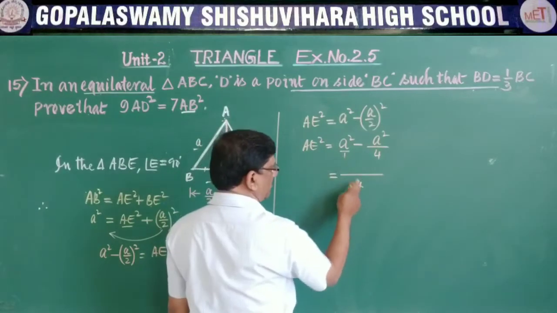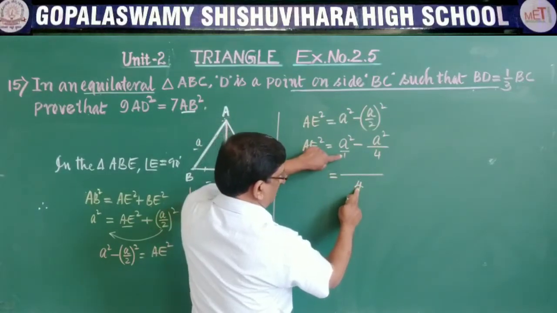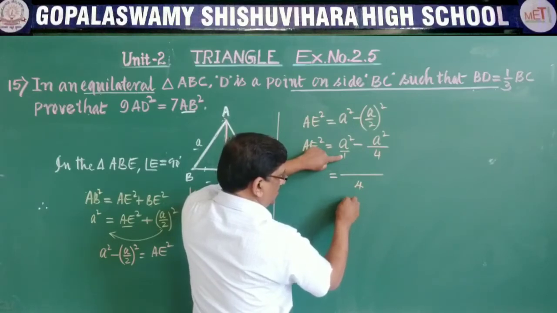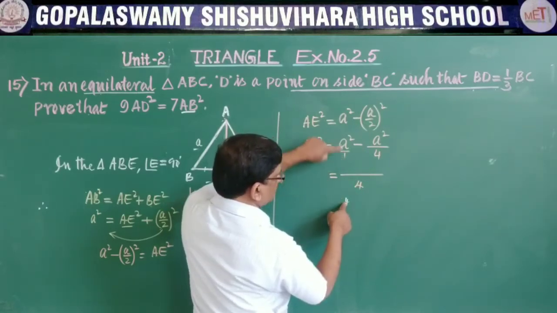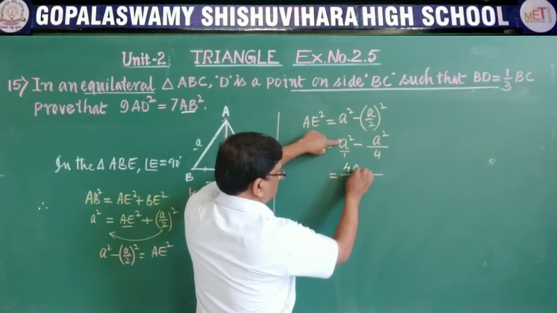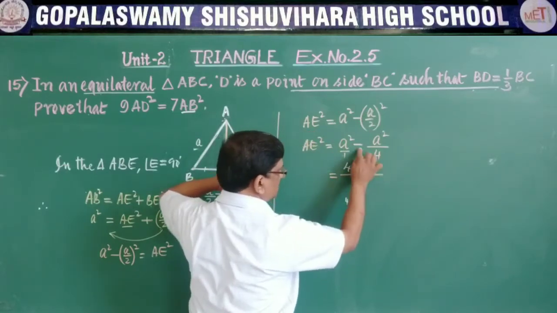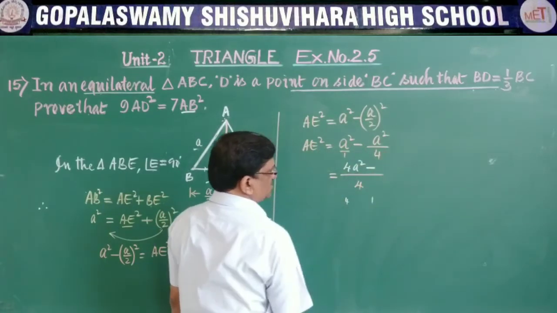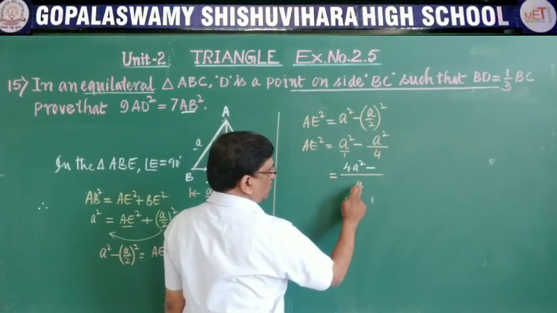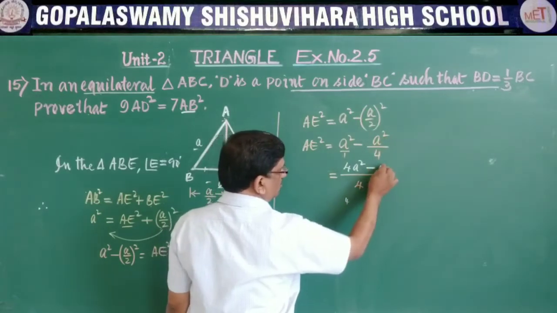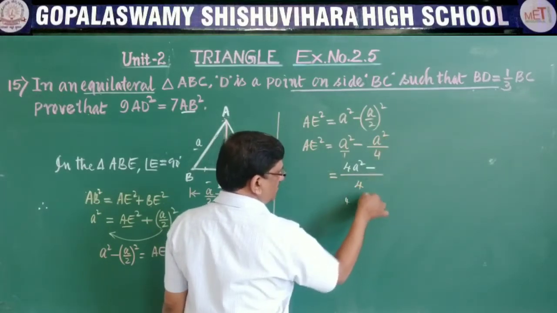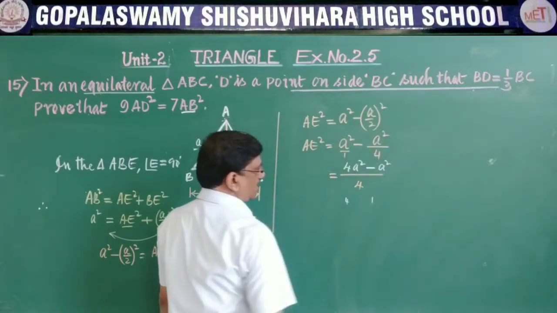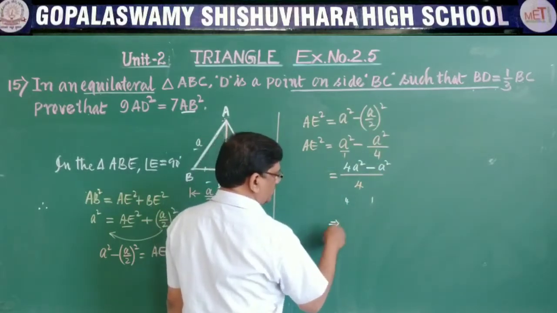So you have to divide this LCM by the denominator. 1 how many times? 1 fours are 4, so 4 into A square is 4A square, minus 4 how many times are 4? 4 ones are 4, so 1 into A square is A square.